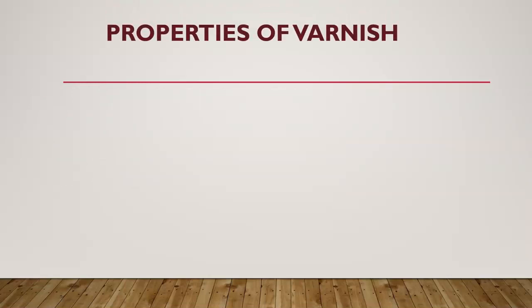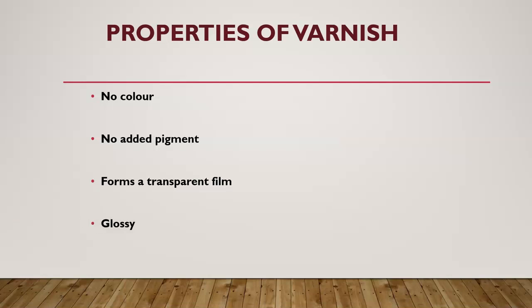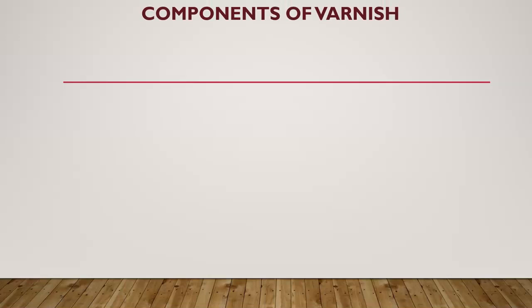How do you characterize a varnish? Varnish has no color. It has no added pigment. It forms a transparent film. Varnish film is glossy and there is no specific chemical composition. Varnish is not a single compound.